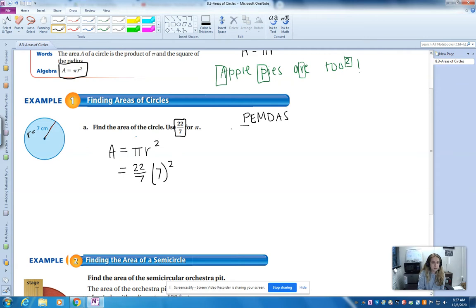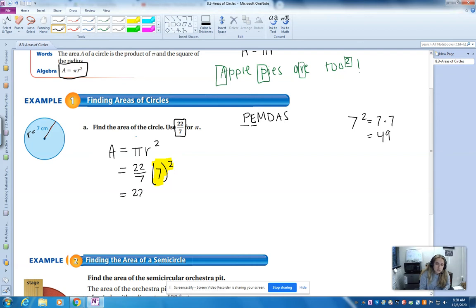There's nothing we can do in there. And then it's exponents, which is R2. So the first thing you need to do is you need to square 7 and get that answer. So in my calculator, in order to do that, remember that 7 squared is the same as 7 times 7, which is just going to equal 49. Or you can go in your calculator, 7 squared, or you can do 7 times 7. They'll get you the same answer either way.